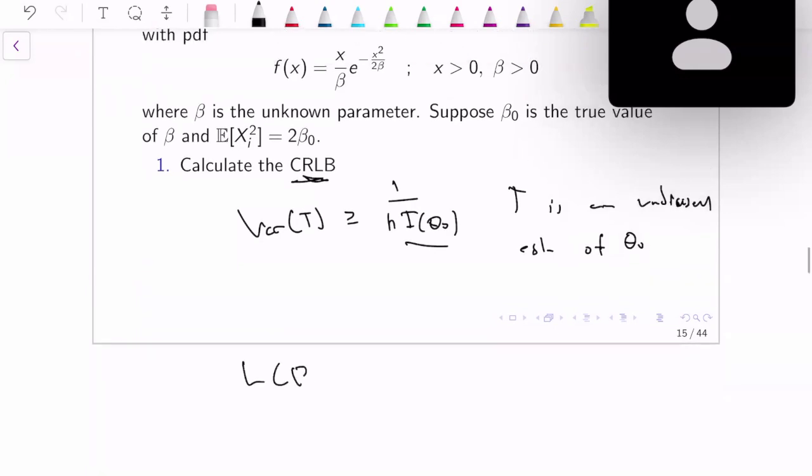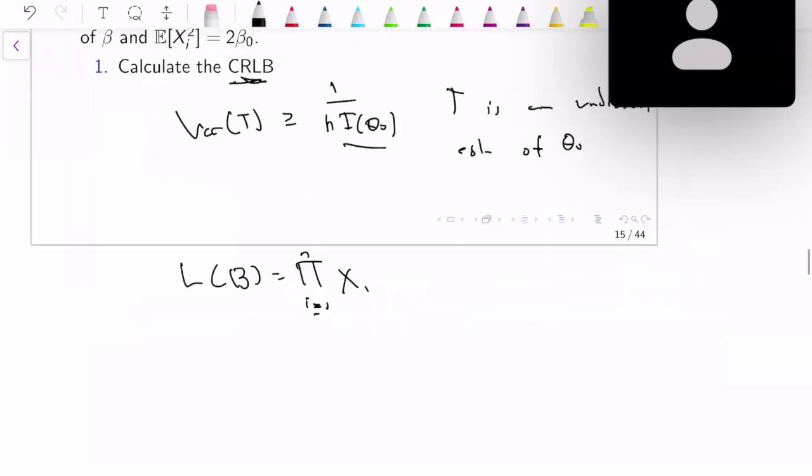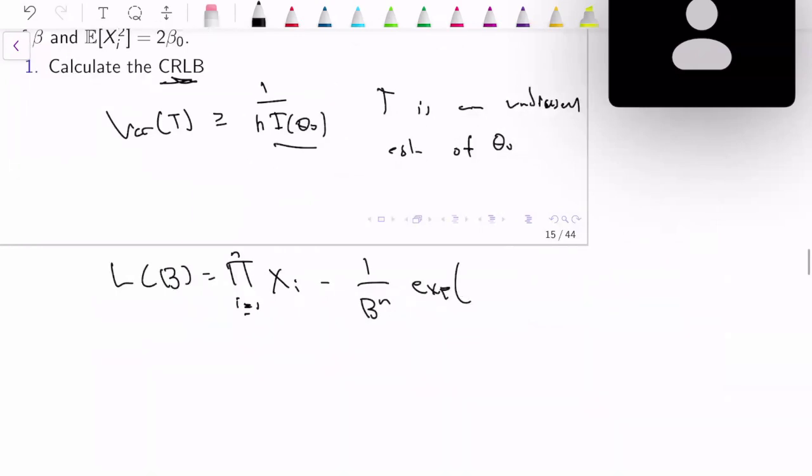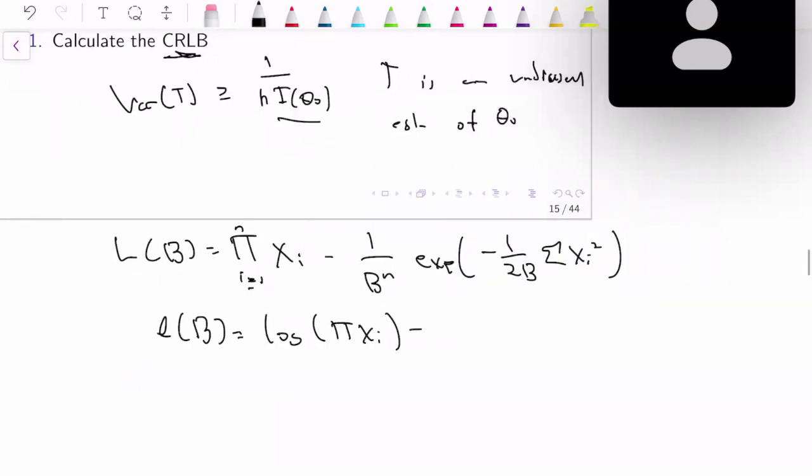First we need the likelihood. I'll just rederive it again from scratch. I think you guys all get the idea of how to do this, and by now many of you should be pretty comfortable getting the likelihood, log likelihood, all that kind of stuff. So just log. I'll try to hurry this up because this is not the important part.